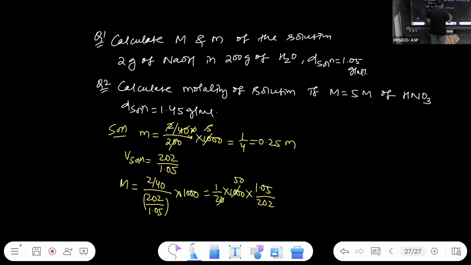It is 0.259. So this is the molarity. It will not come as 0.26 exactly, approximately; exactly it is 0.2599, right? And it is not exactly 0.26, only approximately. Students, the first question is correct.